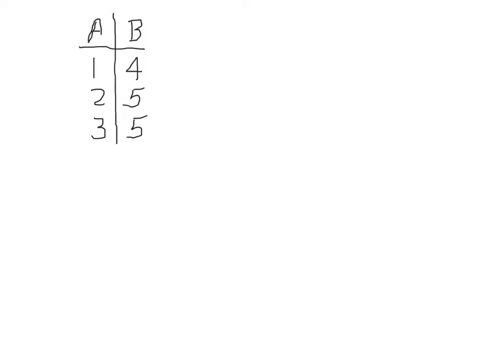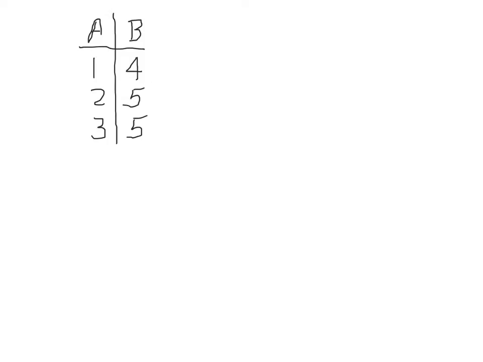I could also have shown that in the form of a table, where we have set A and set B, and we make ourselves simply a table where set A had 1, 2, and 3 in it. 1 from set A corresponded to 4 from set B, 2 from set A corresponded to 5 from set B, and 3 corresponded to 5 from set B. Now, this would be a function.